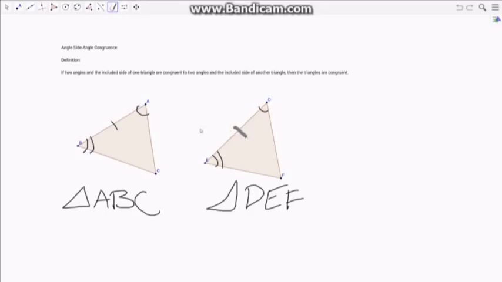You can use this theorem on other angles too, for example angle A and angle C, where the included side is line segment AC, and you can use it also in this triangle. So triangle ABC is congruent to triangle DEF.